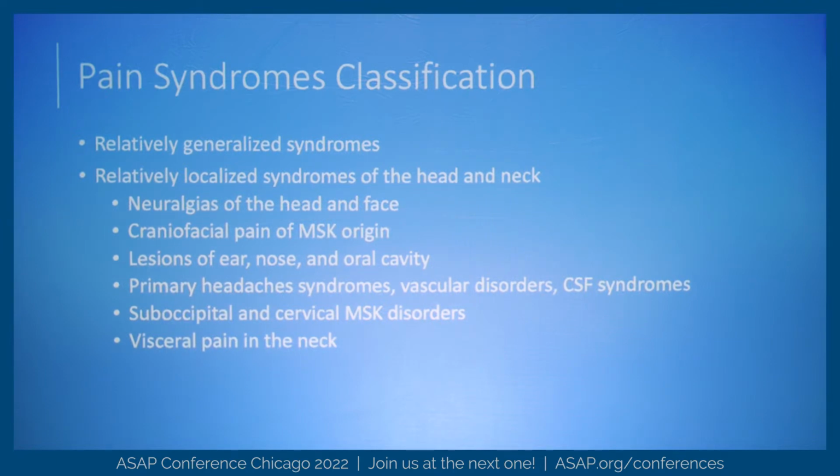So neuralgias of the head and the face, we have a lot of occipital neuralgias, trigeminal neuralgias, glossopharyngeal neuralgias. Musculoskeletal origin of the craniofacial structures, of the suboccipital and cervical structures. There's lesions of the ear, the nose, and the oral cavity.